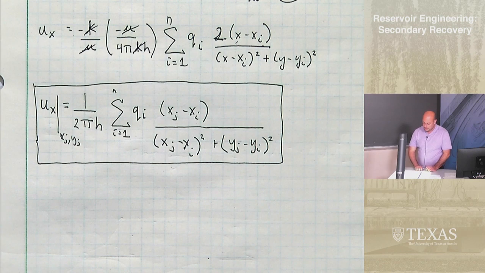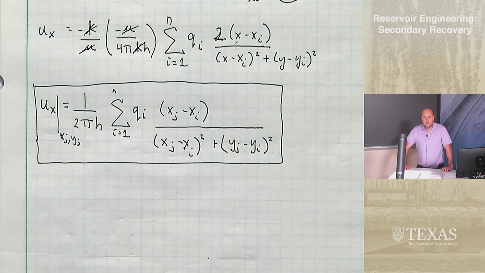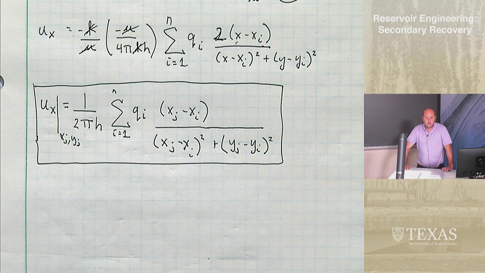The other thing I'd like to point out is that permeability and viscosity don't show up in that equation. So if I have these wells with constant injection rates and constant production rates, then the velocity field is independent of permeability and viscosity, at least if they're homogeneous. Having a more permeable medium won't change the velocity at all for a constant rate.